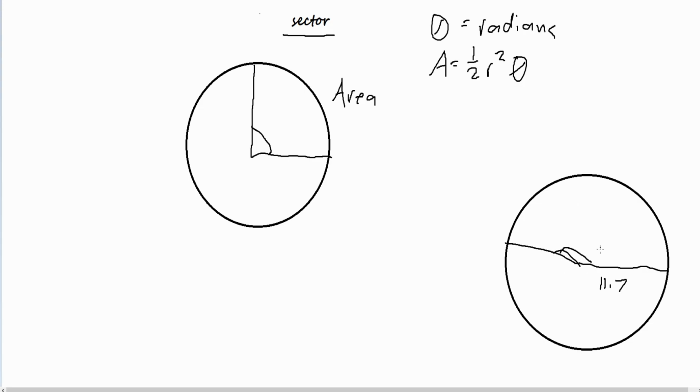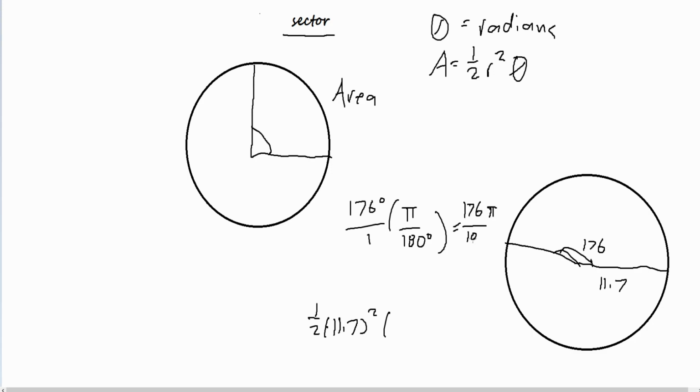So in the equation, the windshield wiper blade, which is 11.7 inches, goes around the circle or upwards to create an angle of about 176 degrees. So the first thing we need to do is convert the 176 degrees to radians using pi over 180 degrees, because that cancels out the degree units. That will give us 44 pi over 45 radians.